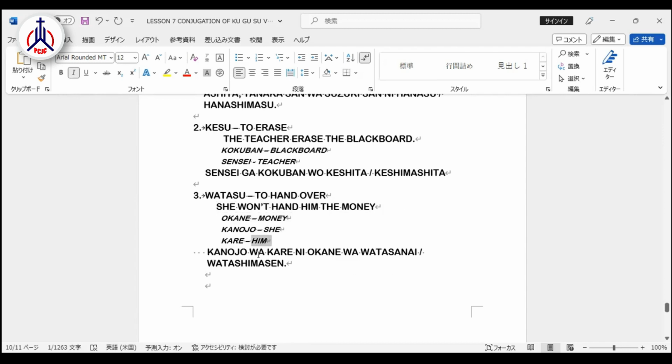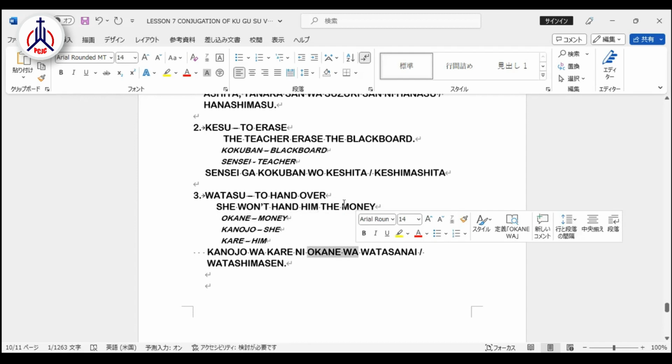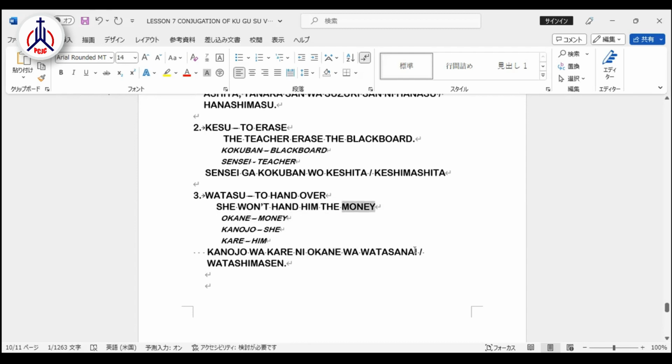Kanojo wa, which is she. Kare ni, which means him. Okane wa, which means the money. And then the verb, watasanai. Negative non-past, A series.